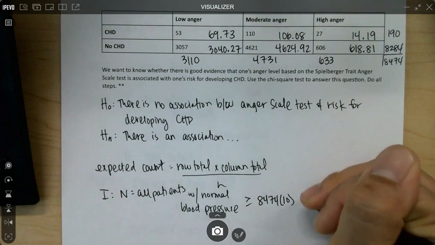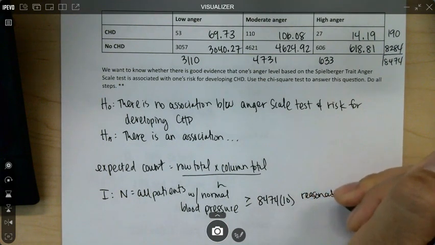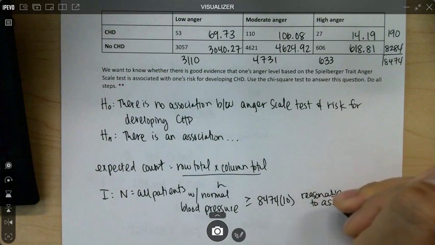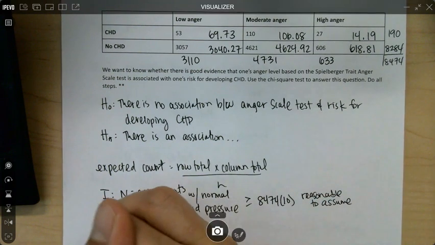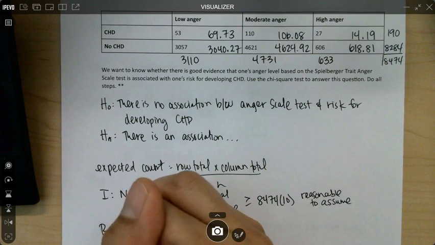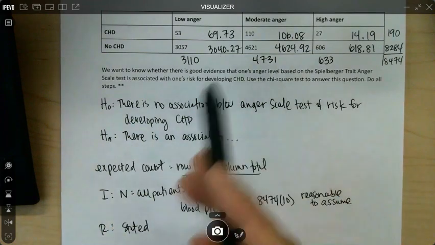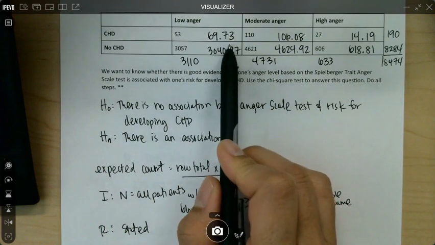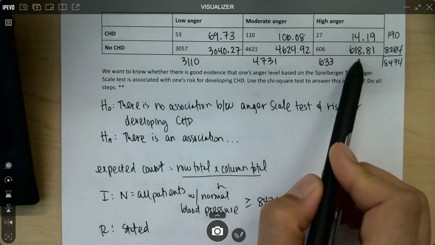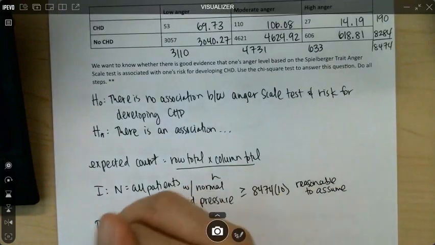That's reasonable to assume. It does have the random condition that's stated. And then the last condition for the chi-square test of association is that all of our expected counts are greater than 5, which is also met.